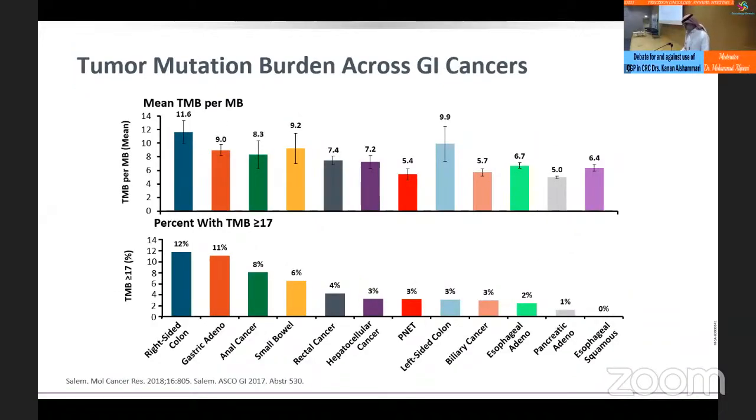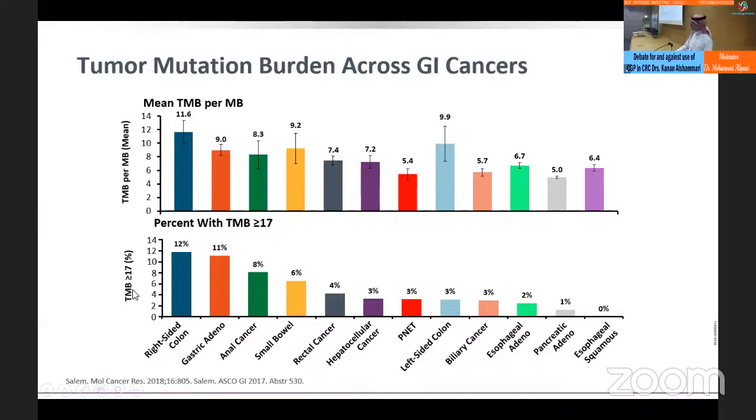Now, when we look at the tumor mutational burden across all GI cancers, this was published by Dr. Salem in 2018, so it's actually older data. We see right-sided colon cancer having almost 12% with TMB scores of more than 17.